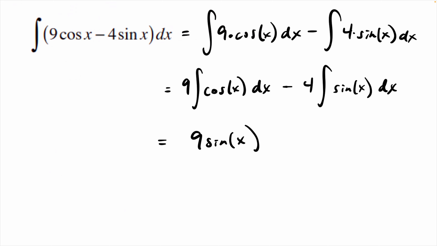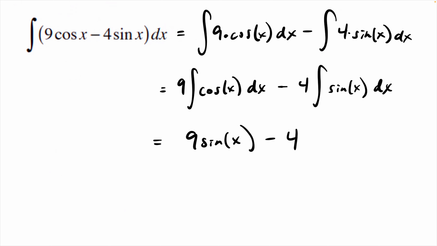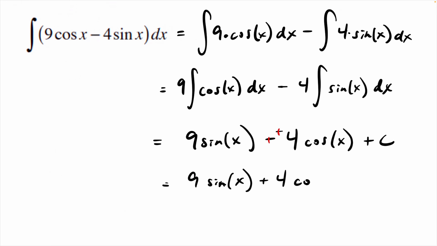Minus 4 times the antiderivative of sine, which is negative cosine, so this guy needs a negative in front. So you get 9 sine of x plus 4 cosine of x plus c.